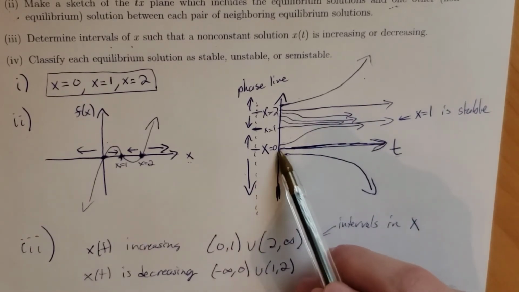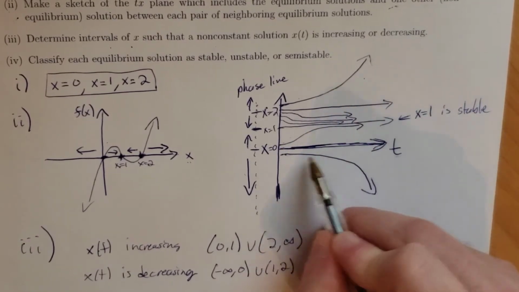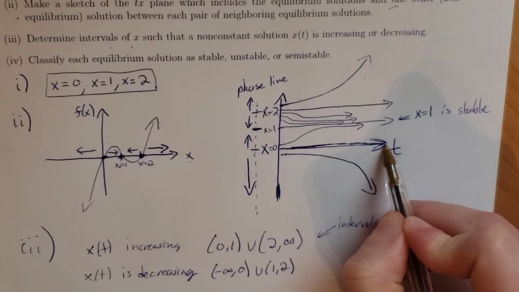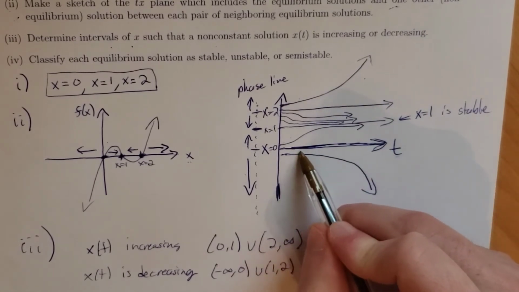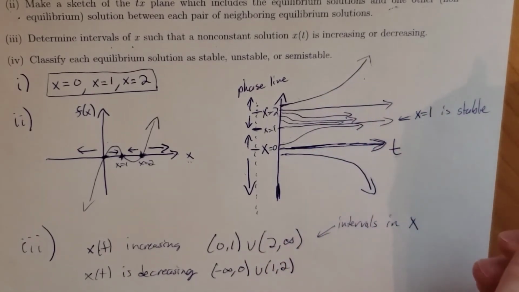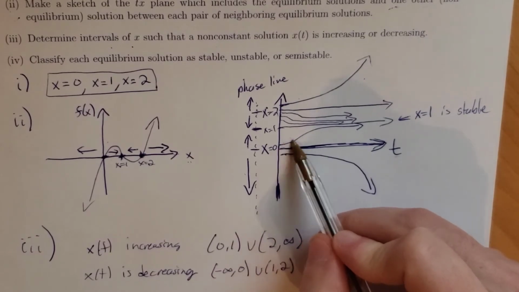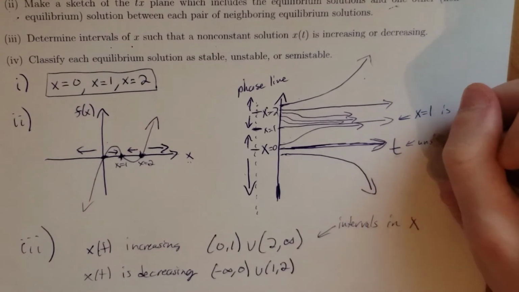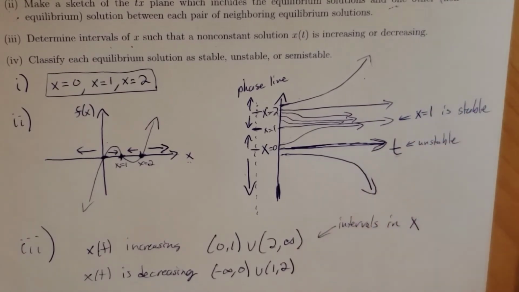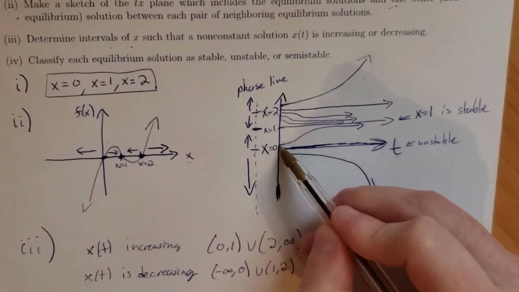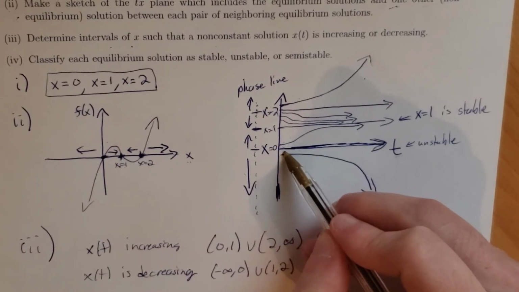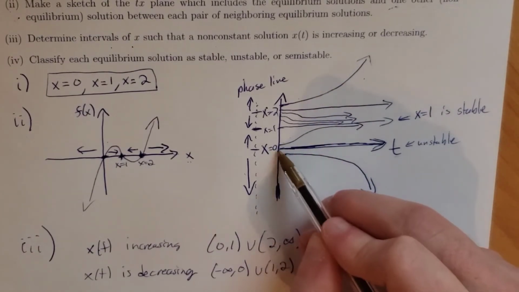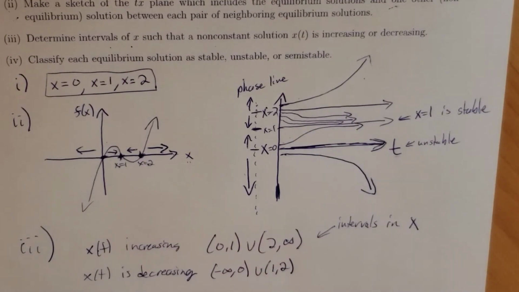Notice at x equals 0, we get a function that goes away, and then a function that goes away above it as well. So this is an unstable solution, as in if we get off of this point at all, then the solution is going to tend away from here.